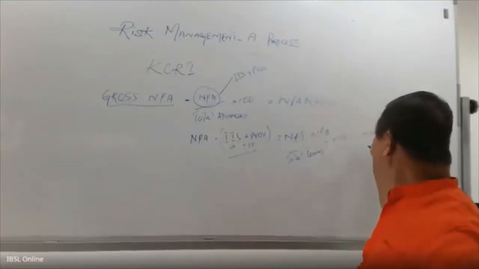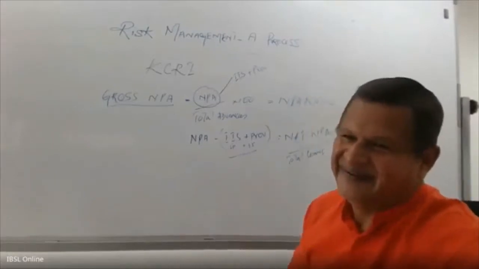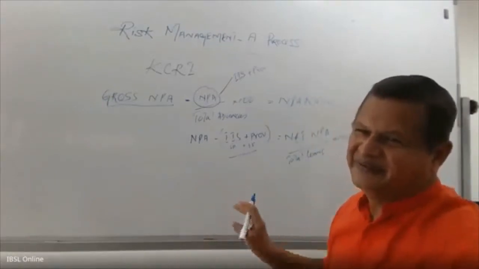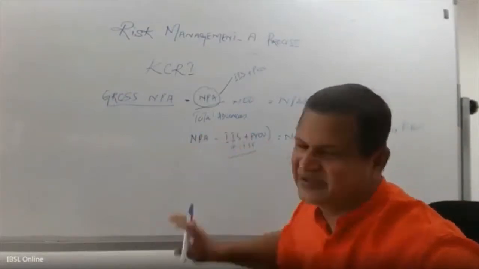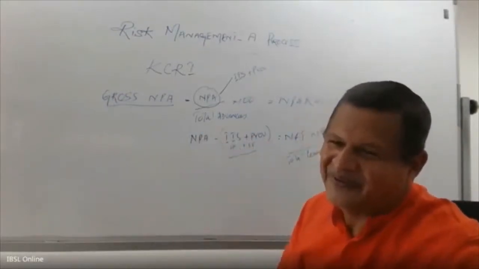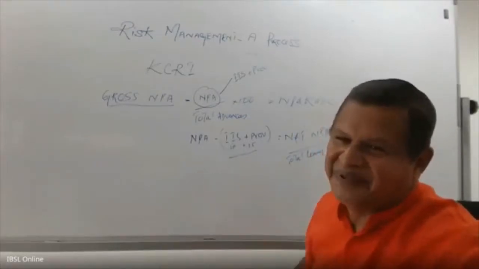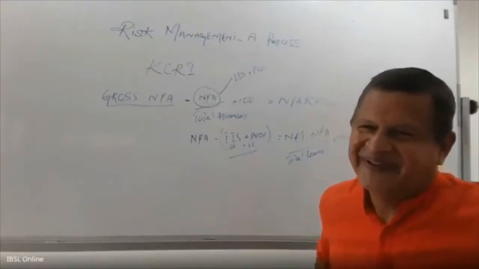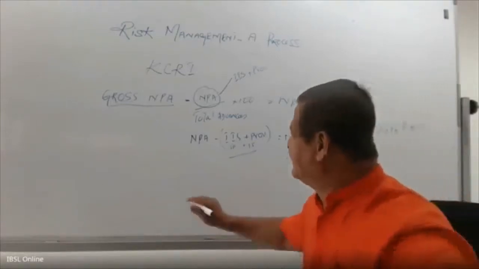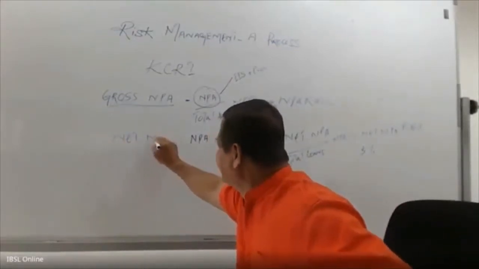So the net NPA becomes 3%. So this gives a buffer that even if these loans have to be written off, what you have to write off is the net NPA. You have already provided for the balance. So this is net NPA.